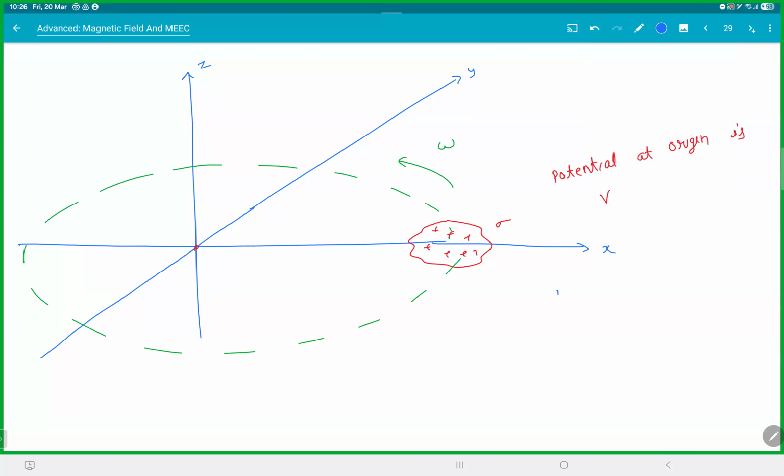Find the magnetic field at the origin. You will find it in the notes anyway. You can check out. It's done more neatly, but just a question there. So this rotates with omega.